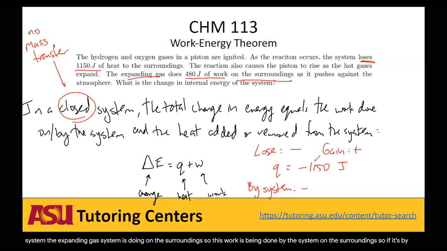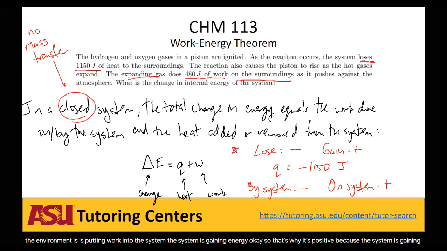So overall, it's losing that work, right? It's pushing it out to the rest of the environment. But if work is being done on the system from the environment, that's positive. So the environment is putting work into the system, so the system is gaining energy. Okay, so that's why it's positive, because the system is gaining energy.